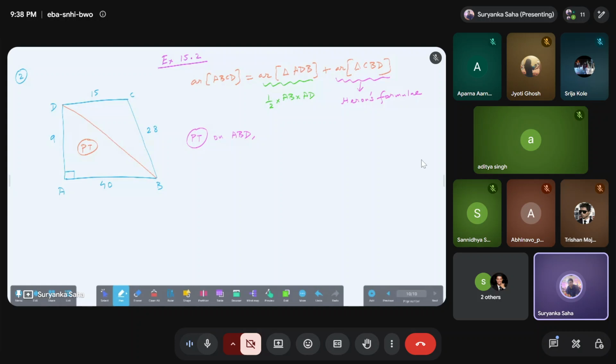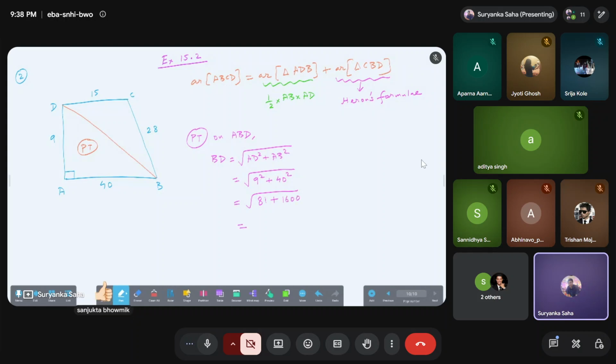It will give BD directly, root over AD square plus AB square. AD square is 9 square plus AB square. 81 plus 1600.